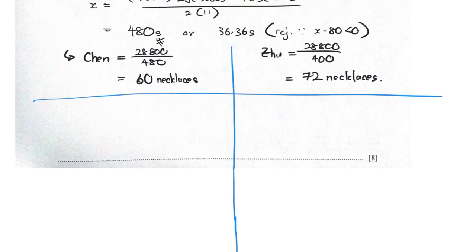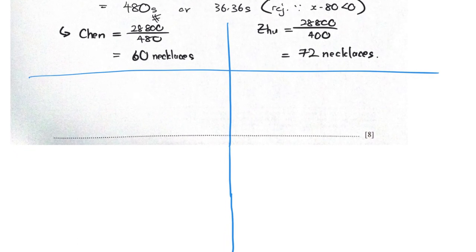Okay. So in this part now, we want to justify if making these number of necklaces is sufficient to hit the 48,000 annual income as advertised in the question. So very simple, we are just going to break it down into income per day, then a week, and finally a year.